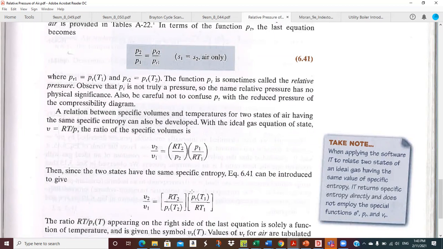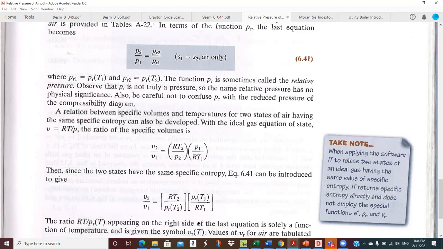What you usually have to do, if you're going to use that, is you get a number for one of these things, and then you have to go back to the definitions, and you can actually back out a temperature or something. You can go back to this definition and do calculations on it. Now, we're not going to do that with the specific volumes. That doesn't really come up in these Brayton cycle problems.